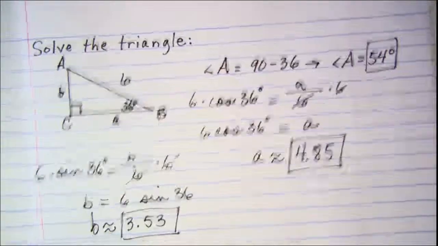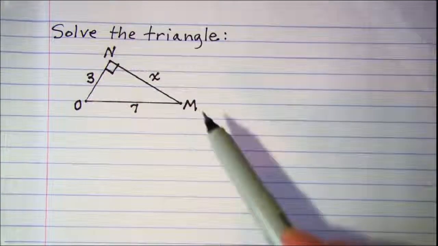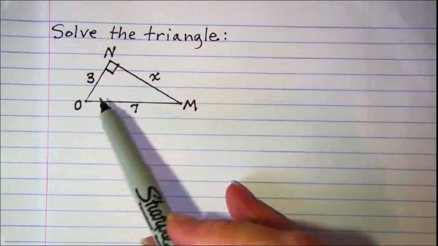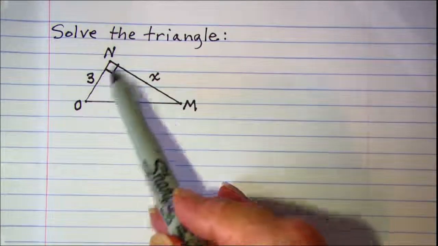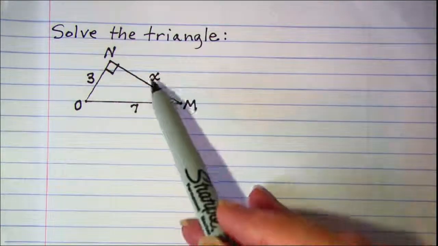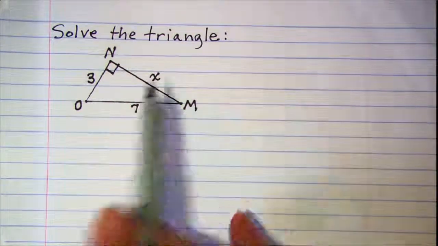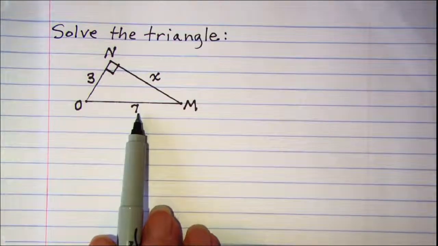Let's do another one. Alright, here we have a right triangle. I don't know any angles, but I can use the Pythagorean theorem to solve for x. I know that the hypotenuse, which is 7, needs to be on the side by itself in the equation.